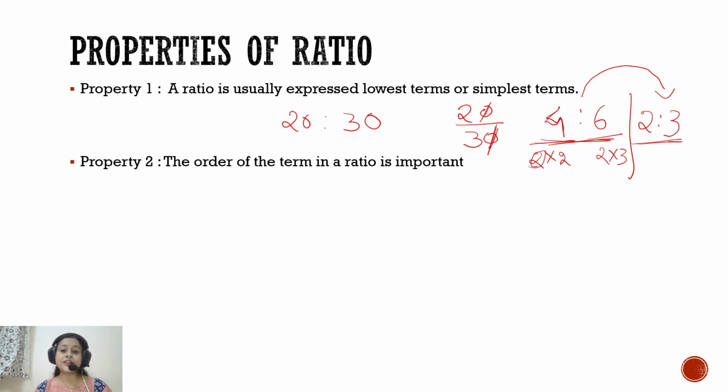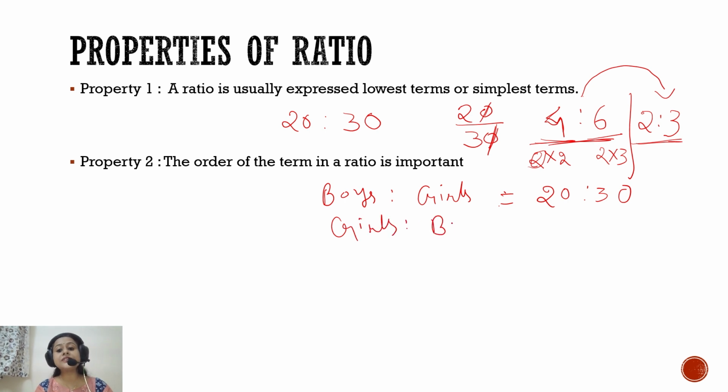The next property, as I mentioned in the previous slide, is that the order of the terms is very important when expressing or writing a ratio. If you want to know the ratio between boys and girls, it will be 20:30. But if you want the ratio between girls and boys, you make girls the first term, the antecedent, and boys the consequent, the second term, then your ratio will also change.